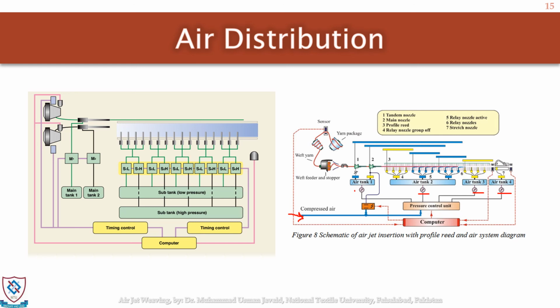They do have separate tanks for their main nozzles. So here I want to help you understand the distribution of air within the machine. Next we will see how this air distribution is controlled.